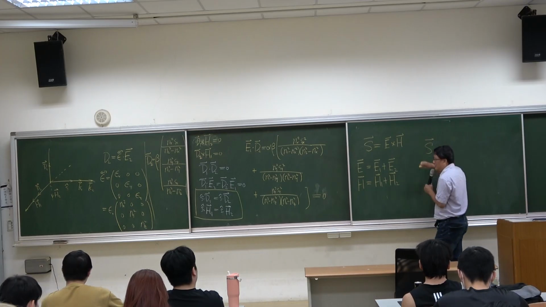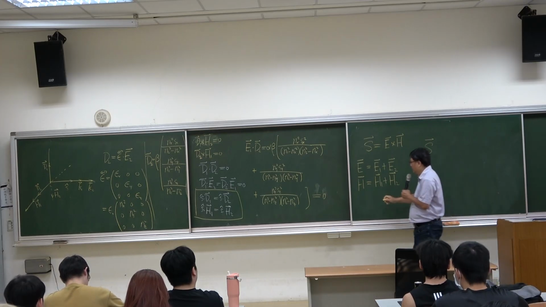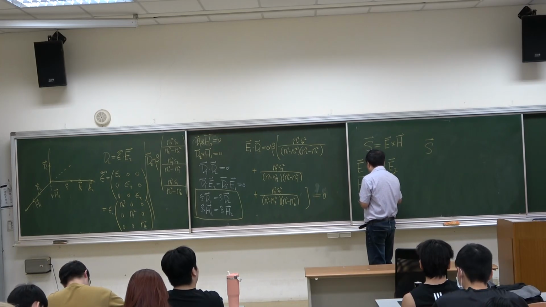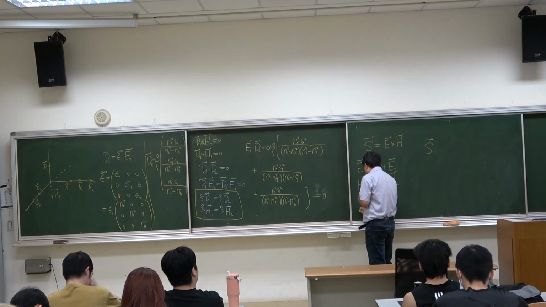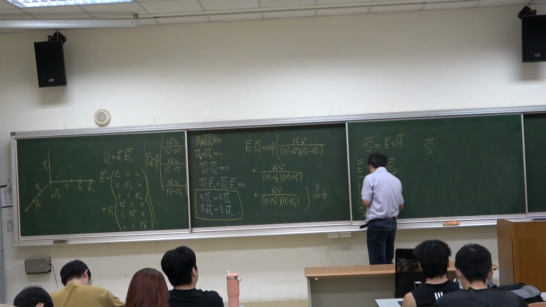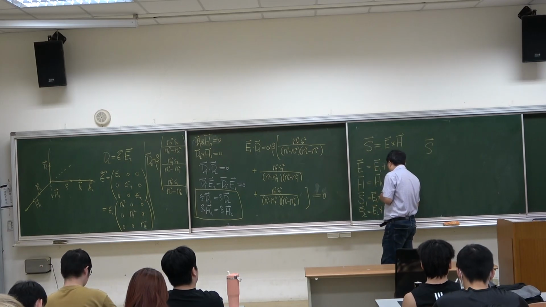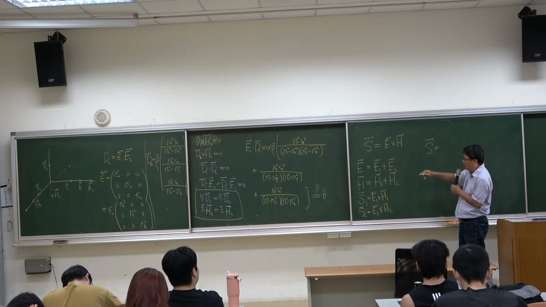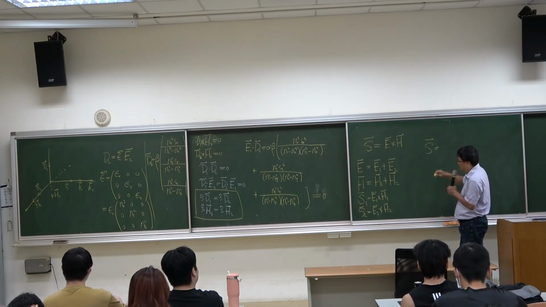And what is S? The Poynting vector. Suppose I define S1 as E1 cross H1 and S2 as E2 cross H2. Then S now in fact contains four terms.